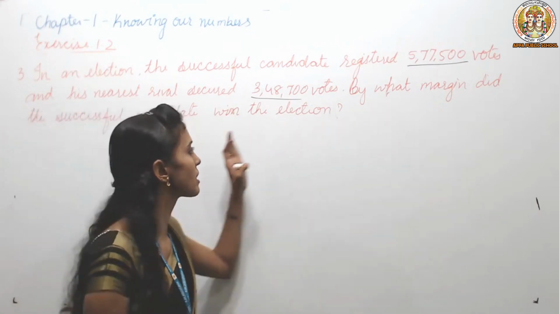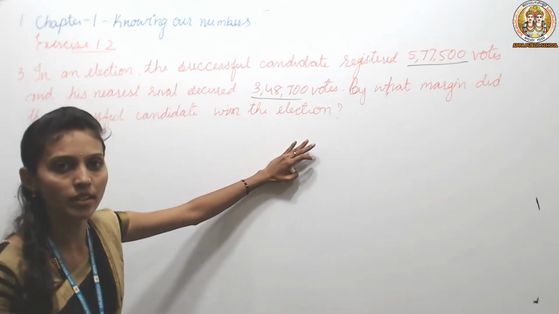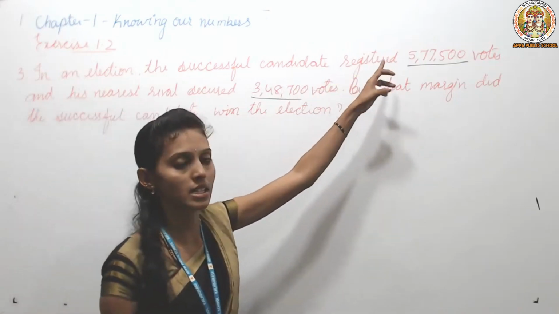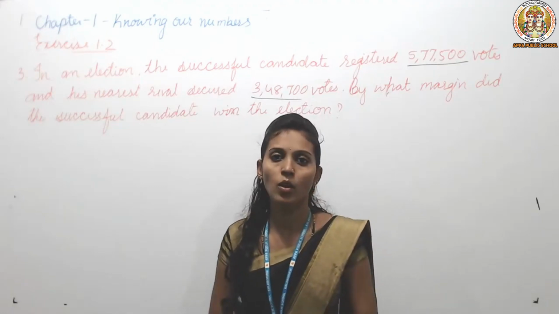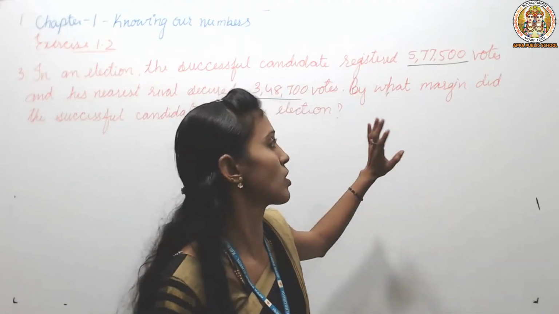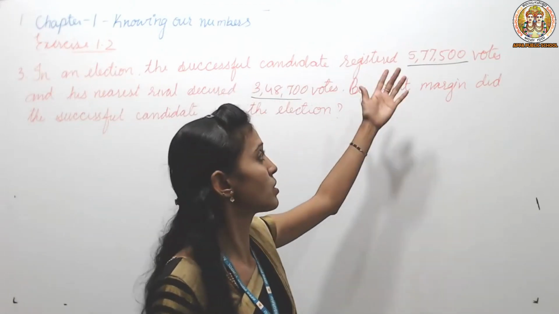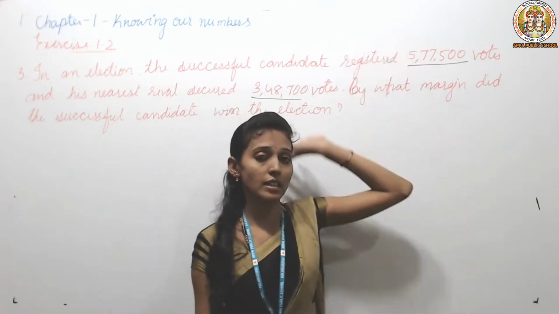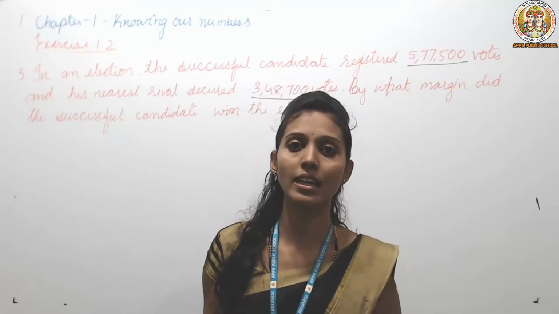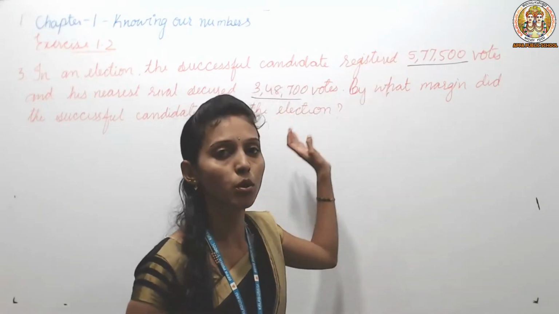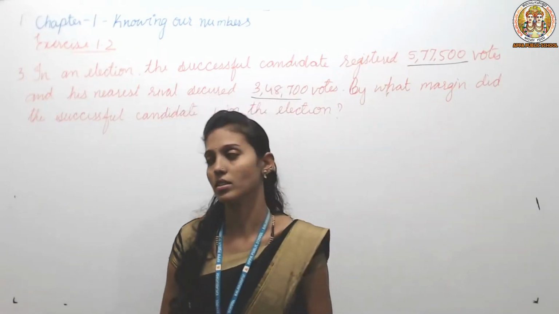By what margin did the successful candidate win the election? That means how many more votes does the successful candidate secure? That you have to find out. What to do to find the margin? That means to find the more votes the successful candidate has secured. To find that, we have to subtract the number of votes secured by both the candidates, right?